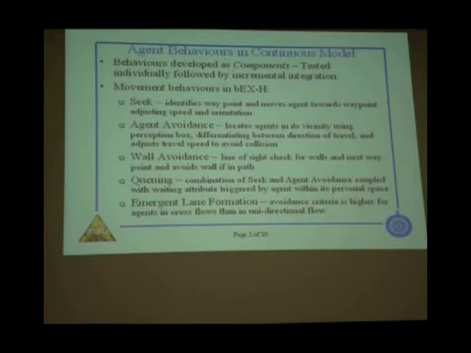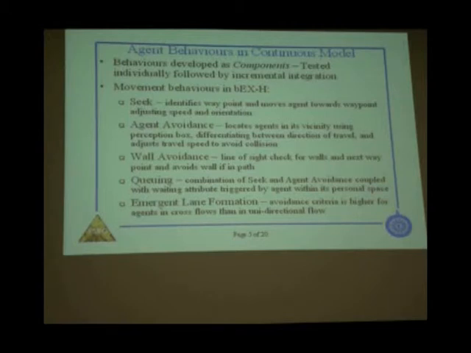This involves identifying the waypoint and moving the agents towards the waypoint, adjusting the speed and orientation. Next we have agent avoidance. The agents use a perception box to locate agents in their vicinity and can also differentiate between agents moving in contraflows and unidirectional flows. And the agent adjusts the travel speed and orientation to avoid collisions.